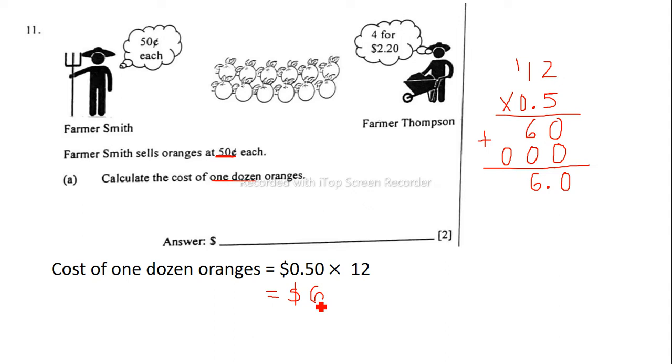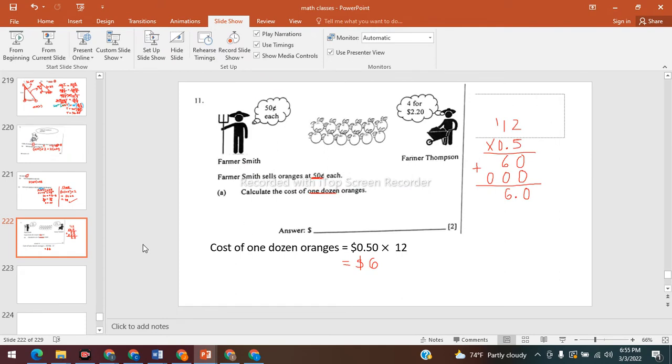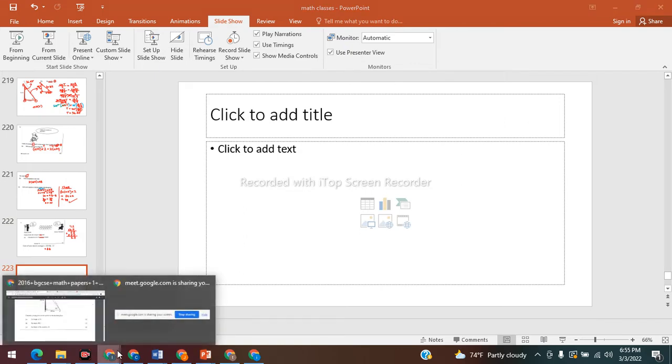Yes, sir. So the cost of 1 dozen oranges from Farmer Smith is $6.